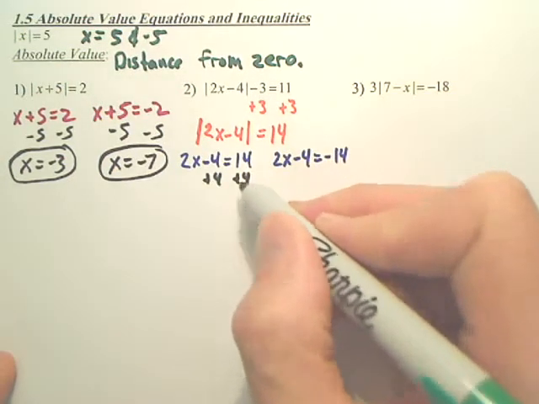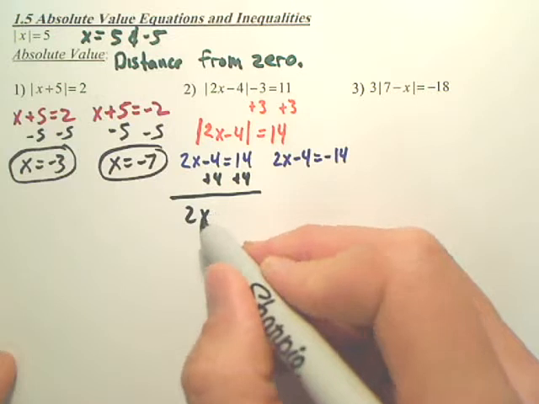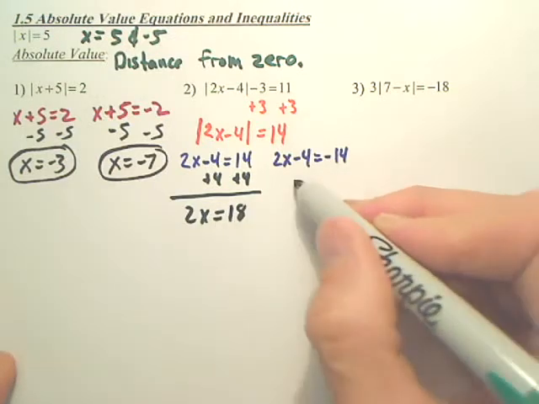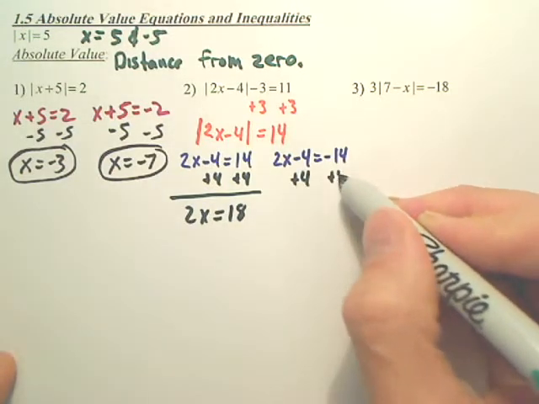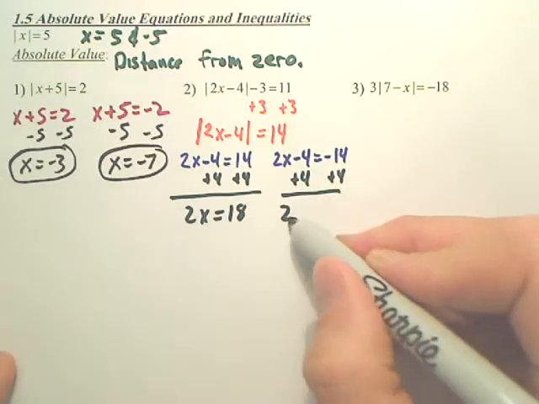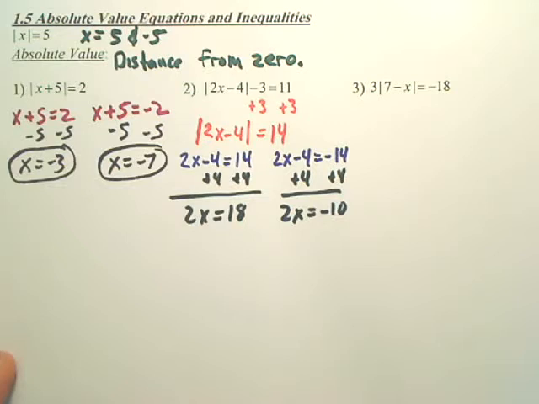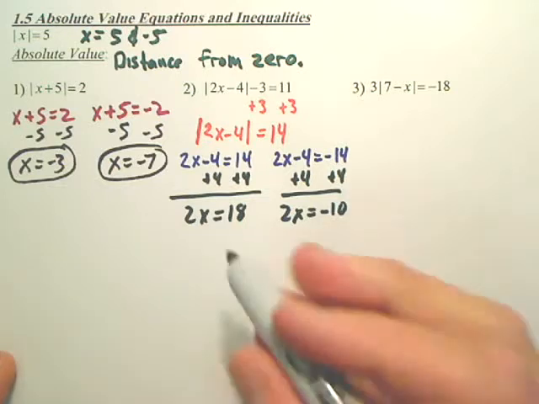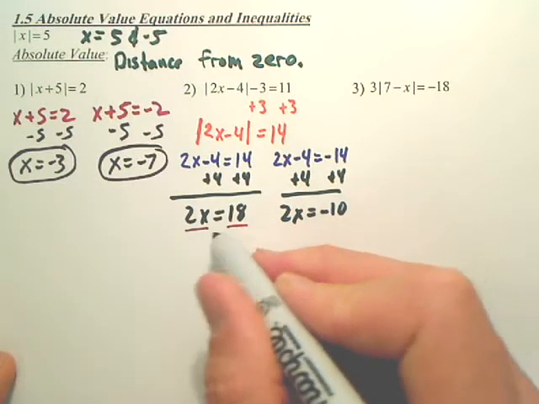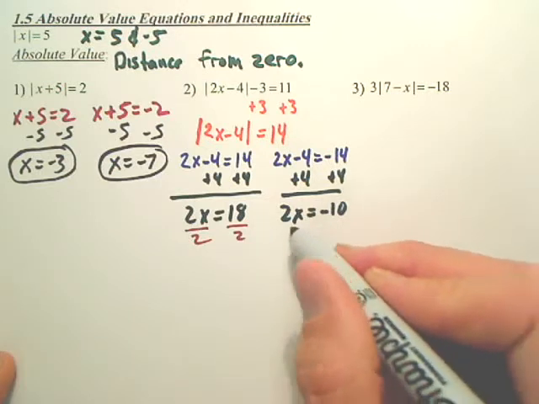Add 4, 2x equals 18. Over here, add 4, 2x equals negative 10. And then we divide by what? 2. Divide by 2.